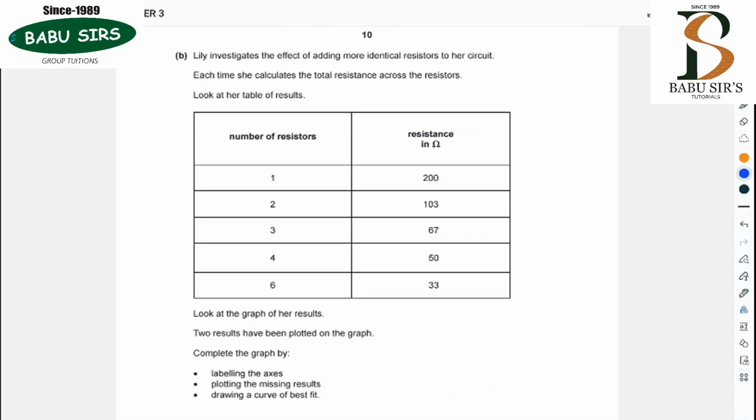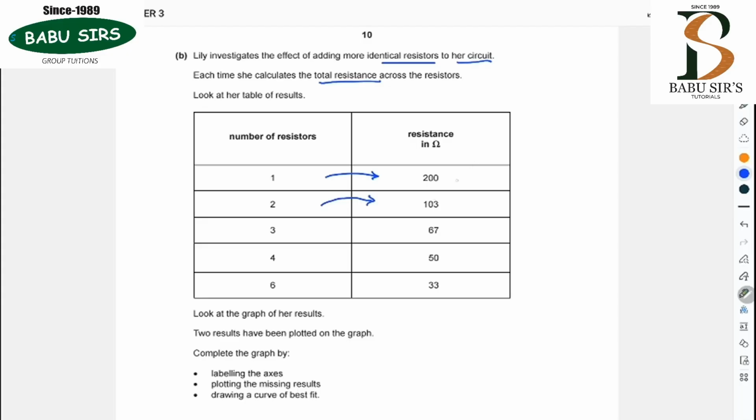Question number B. Lily investigates the effect of adding more resistors to her circuit. Each time she calculates the total resistance. So when it is one resistor, it is showing 200. When it is two resistors, it is showing 103.